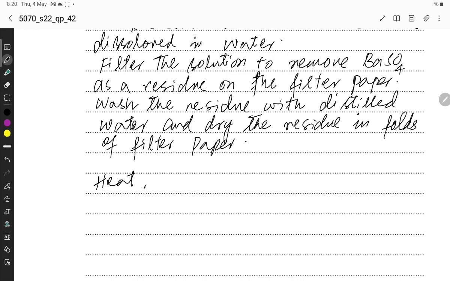Heat the filtrate till the saturation point.